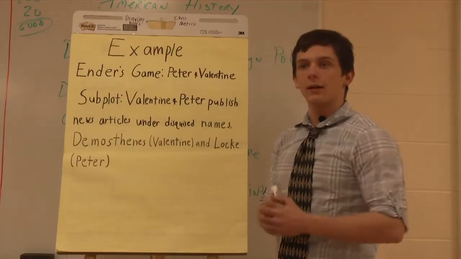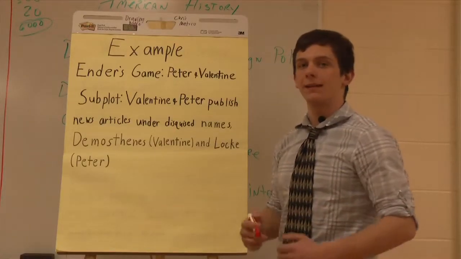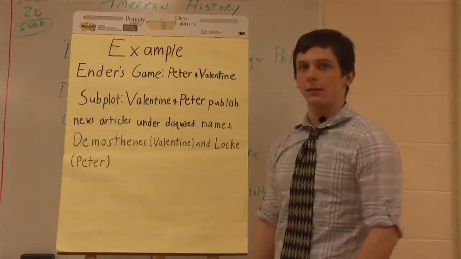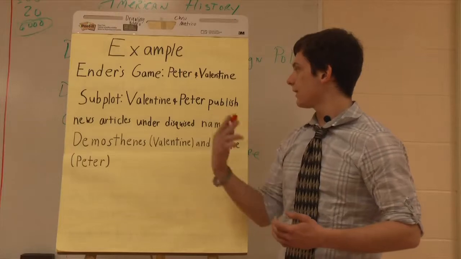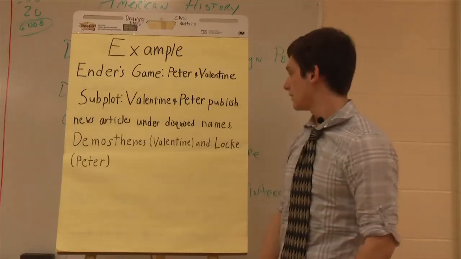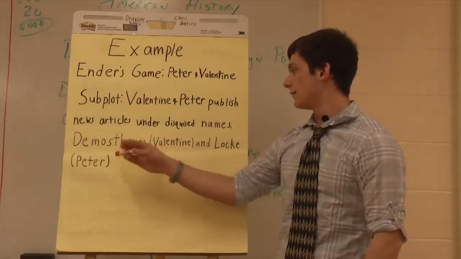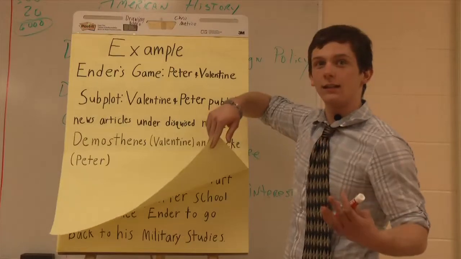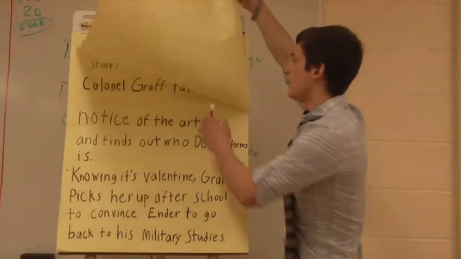Alright, so as I said, our example will be Ender's Game again, where we will be examining the subplot between Peter and Valentine. So what's the subplot? Well, the subplot consists of Valentine and Peter. They start publishing articles under these disguised names known as Locke and Demosthenes. We'll just call her DE from now.